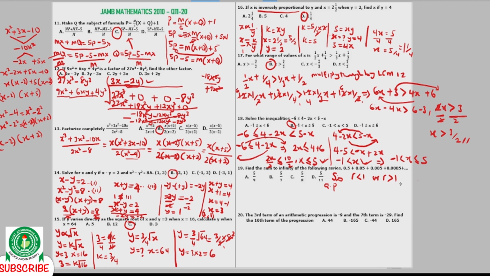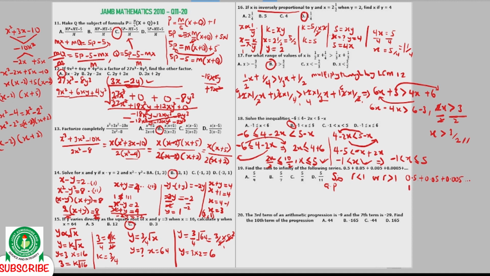And to do that now, you need to go back to our sequence. We can see the sequence given to us is 0.5 plus 0.05 plus 0.005 and so on and so forth.